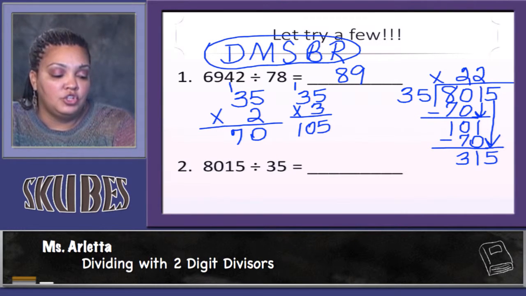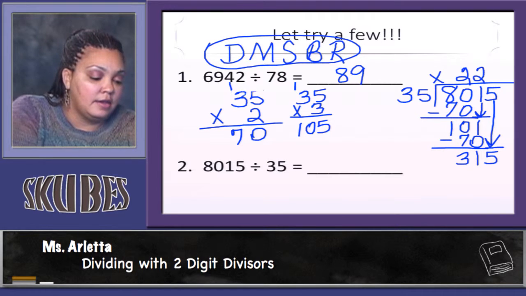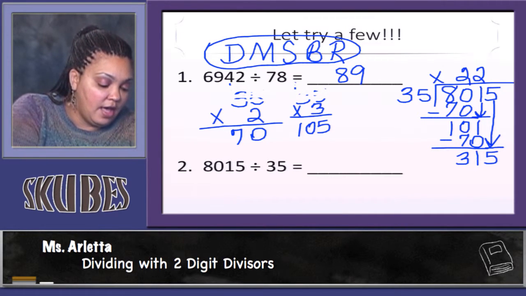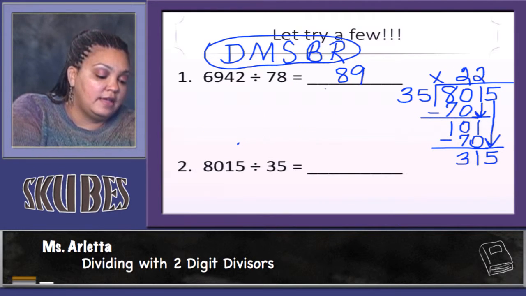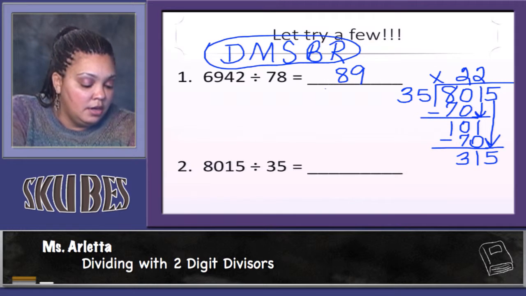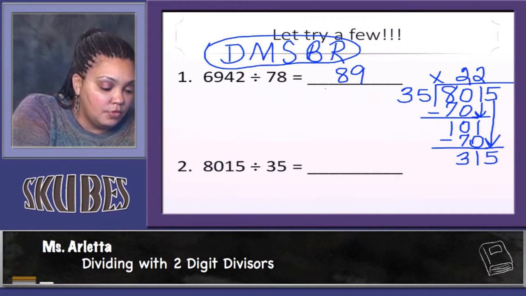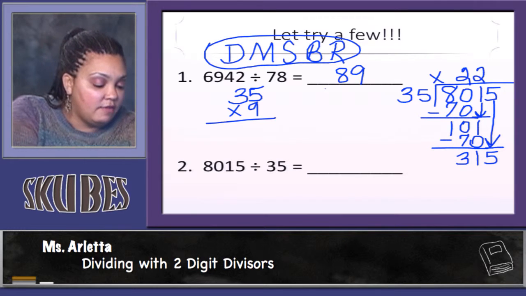We need to go with a large number now, and let's start with 9. So we'll take our divisor of 35, and we're going to multiply it times 9 and see if we'll get a number that's close to 315. 35 times 9. 9 times 5 is 45.